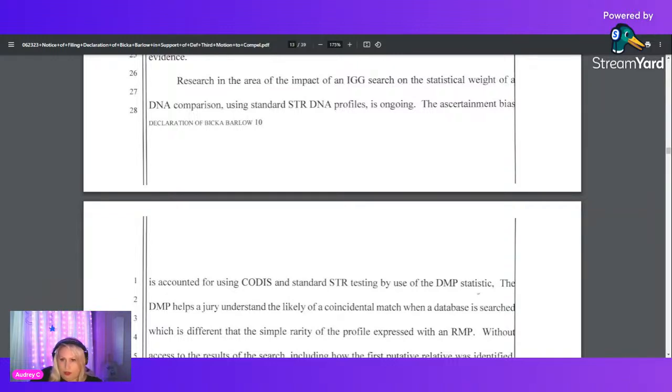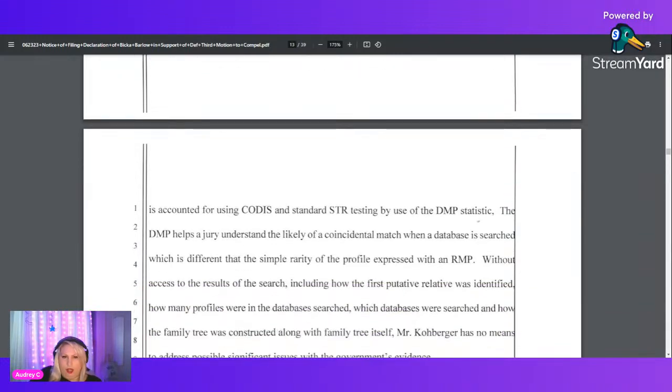So there's one statistic. And this database match probability helps a jury understand the likelihood of a coincidental match when a database is searched, which is different than the sample rarity of a profile expressed with the random match probability.